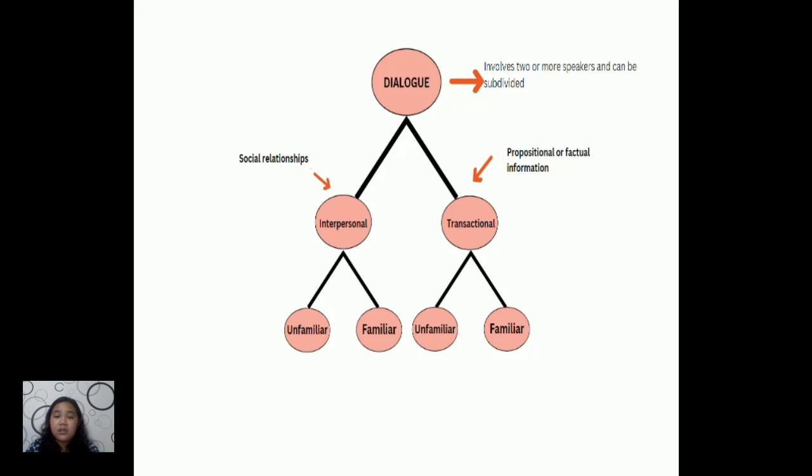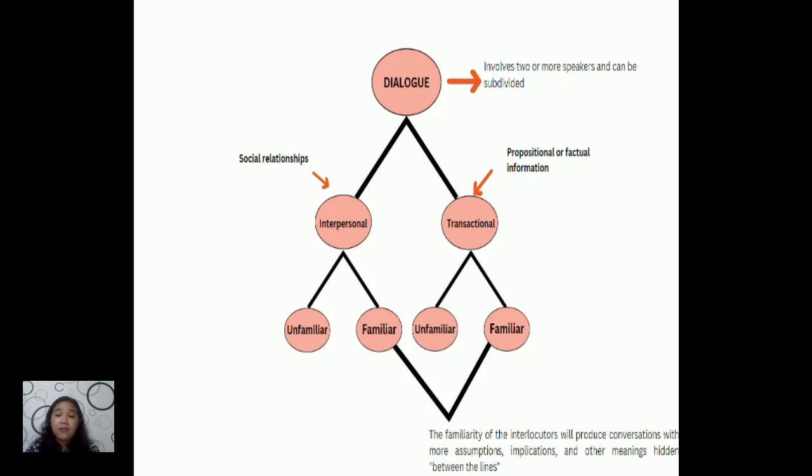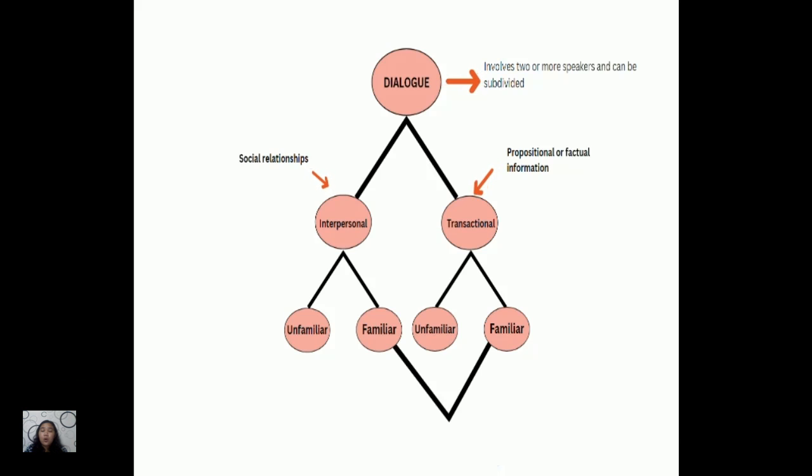In each case, participants may have a good deal of shared knowledge, background information, schemata, and therefore, the familiarity of the interlocutors, or these two people involved in a conversation, will produce conversations with more assumptions, implications, and other meanings hidden between the lines.